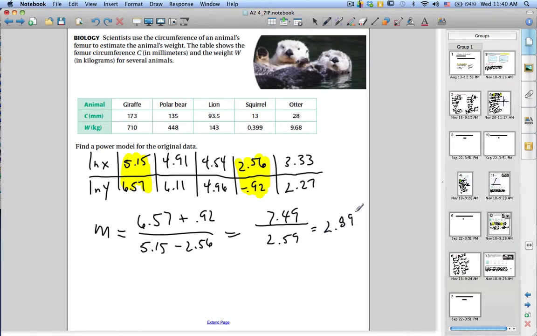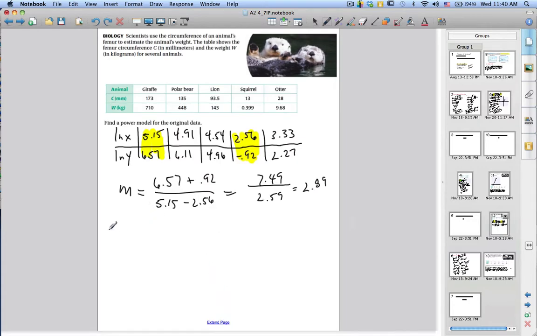So that's my slope. Now I'm going to take one of these 2 points, and I'm going to write the natural log of y minus my y value, 6.57, will be equal to my slope, 2.89, times the natural log of x minus 5.15.